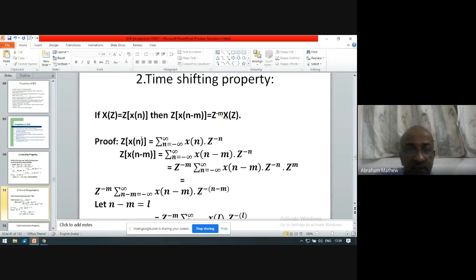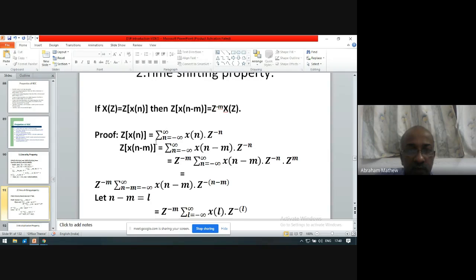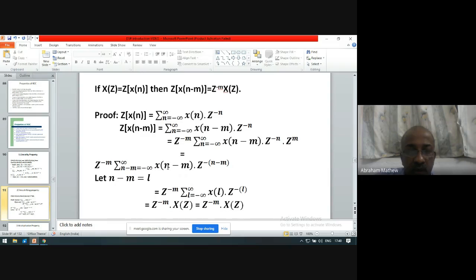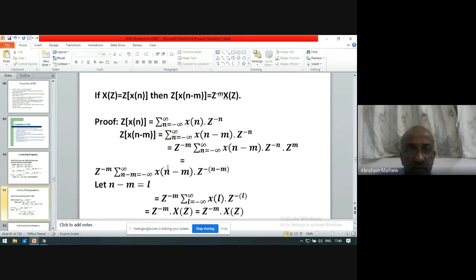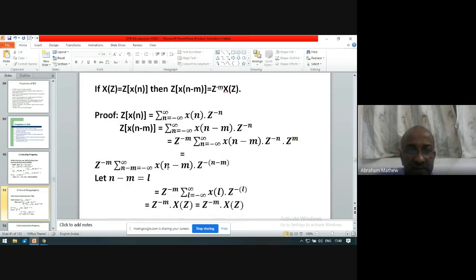That means if the input is shifting with respect to time, then the corresponding Z transform is changing exponentially with respect to x of Z. So the time shifting property of Z transform is stated, and the proof of this time shifting property is explained here.